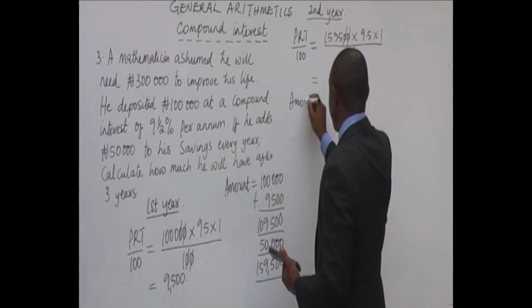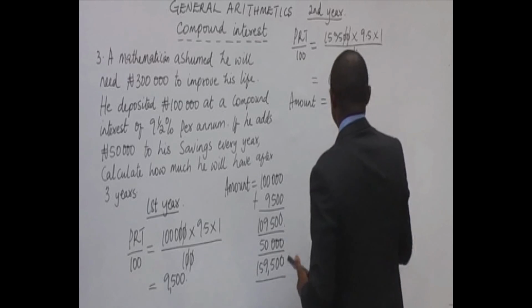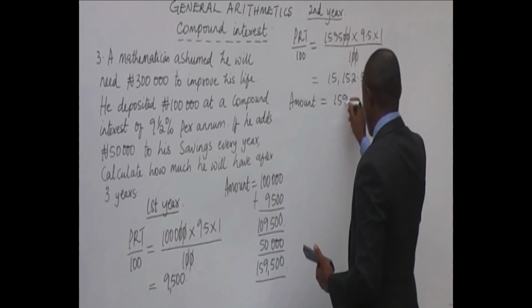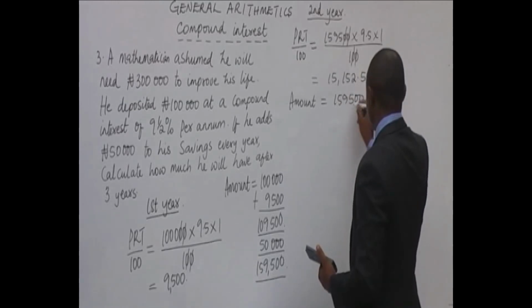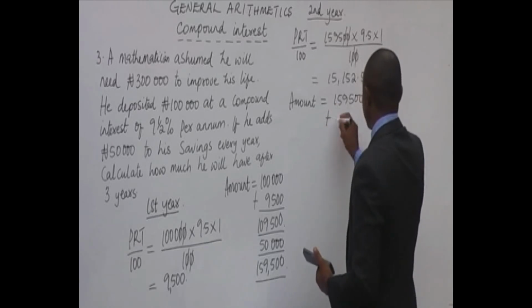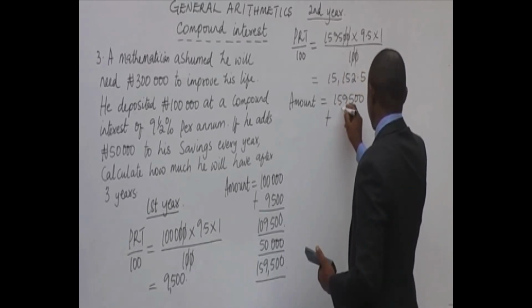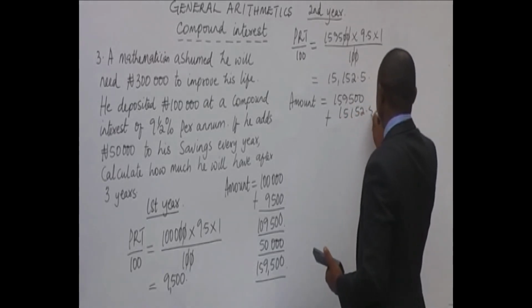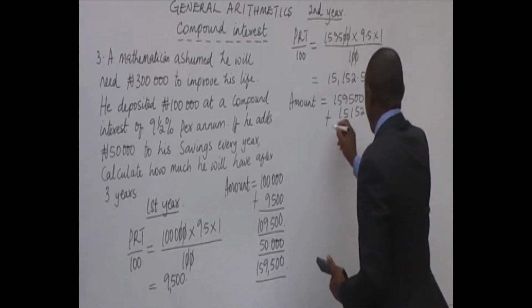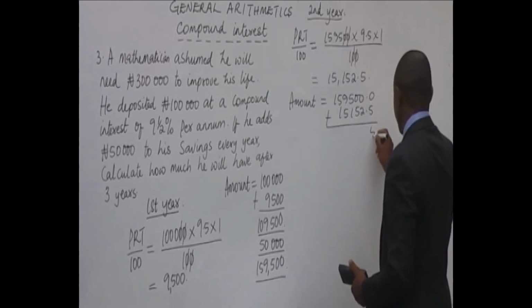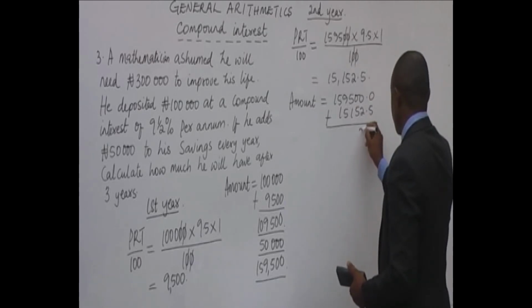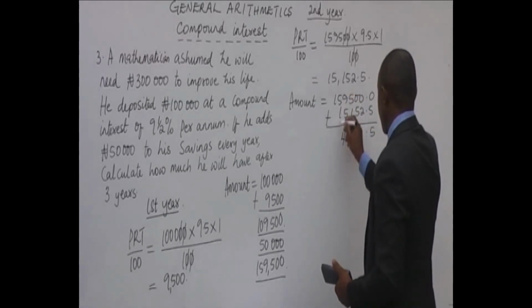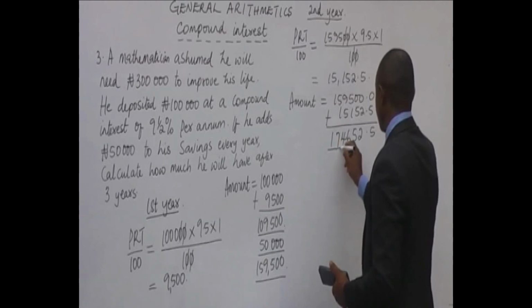So the amount after the second year is going to be the principal for the second year, 159,500, plus the accrued interest, 15,152.5. So let's know what the amount is by simple arithmetic.